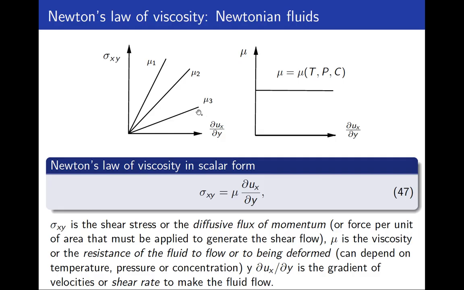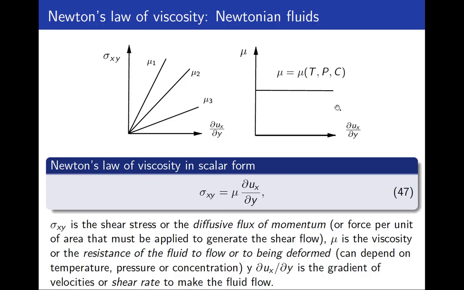So the higher the value of the slope, the higher the value of viscosity. For instance, we have a linear relation with a slope mu1, another one with mu2, and another one with mu3. The viscosity for Newtonian fluids can only vary with temperature, pressure, and concentration of the species.